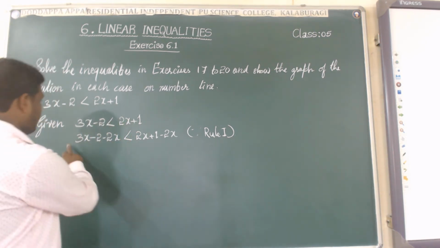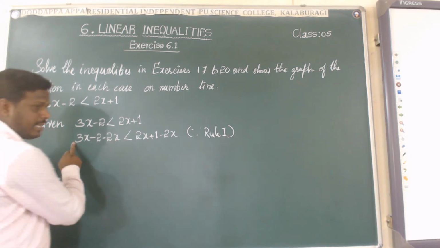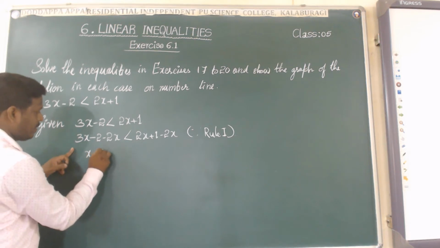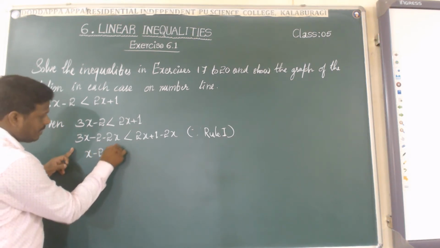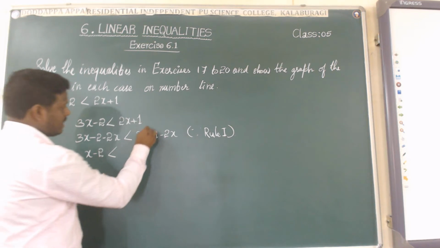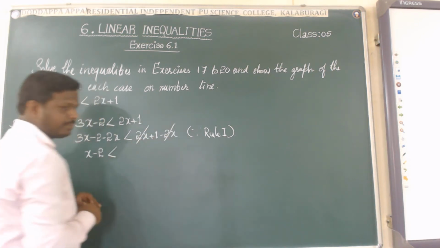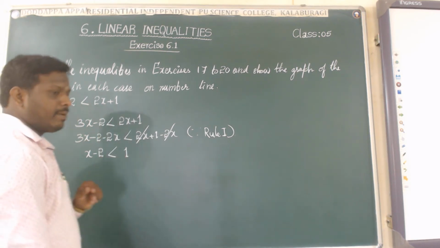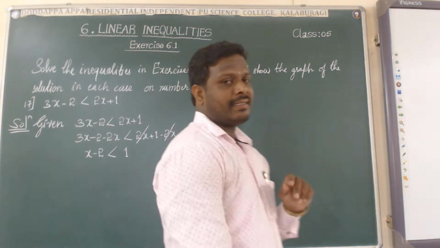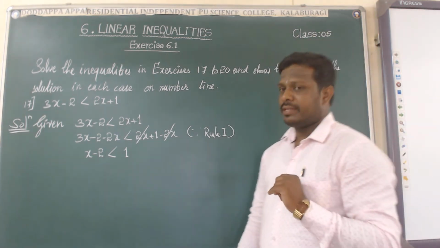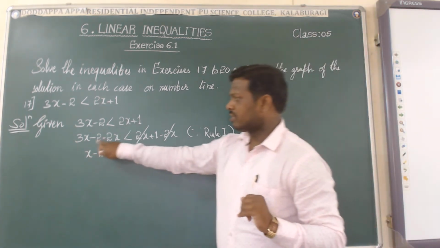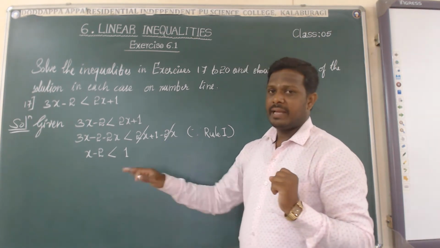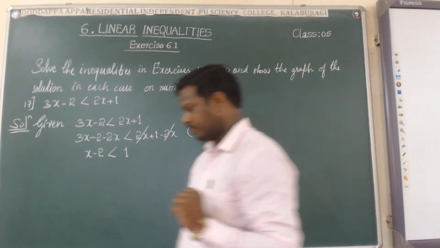Now simplify the LHS side. This is plus 3x and this is minus 2x. Simplify, we get x minus 2; write the right side as usual. Plus 2x and minus 2x become 0, so what is left is 1. On the LHS side, x minus 2 is there. Now I am going to remove this minus 2 from the LHS side by adding positive 2 to both sides.